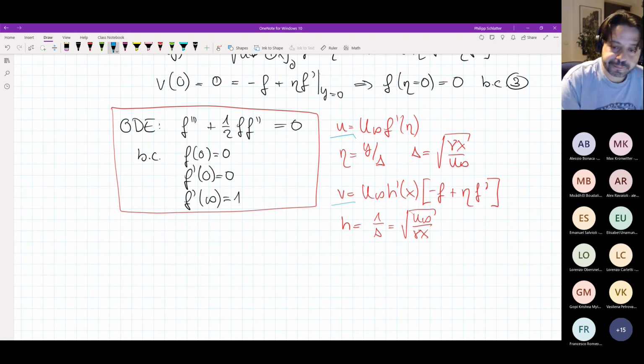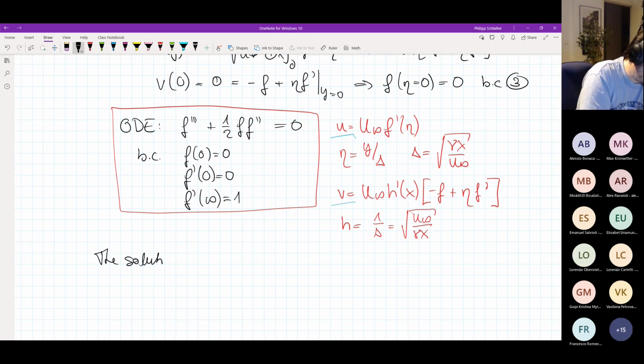The problem is, I guess, that's the issue here, that the solution to this ODE is actually not an analytical solution. The solution to this system is not analytical.